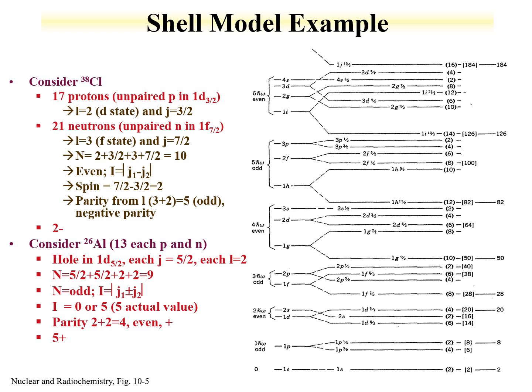We would expect the spin to be either 5 or 0. The parity, each orbital state is 2. 2 plus 2 is 4, which is even. So the spin is either going to be 0 plus or 5 plus, and the actual value is 5 plus. So here's an example with an odd Nordheim number where you get a choice of answers to evaluate.